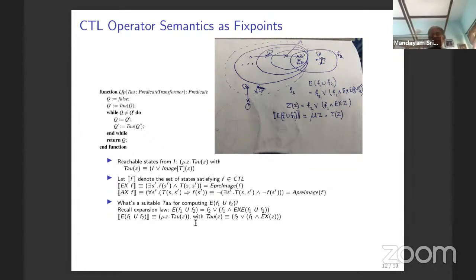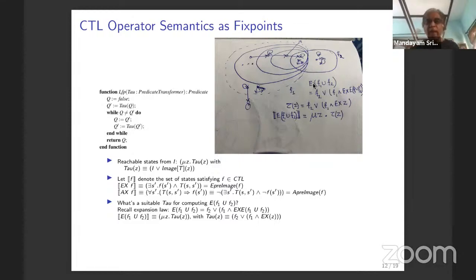Then it boils down to constructing an appropriate definition for the tau. Once you do that, this is pretty much the same algorithm that I have shown here, which iterates over this tau to compute the least fixed point.